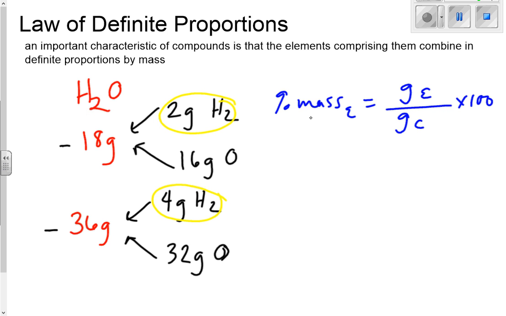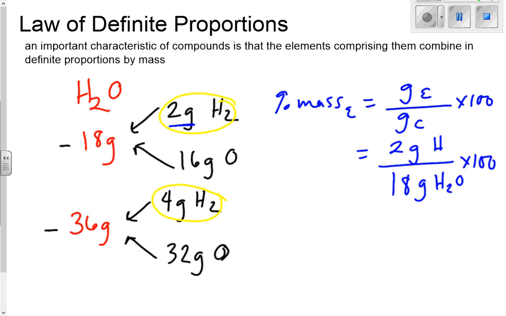So if I want to know the percent mass of hydrogen in water, looking at my first example here, I have 2 grams of hydrogen in water, and the total number of grams in that compound is 18. That's of water. So I would divide and then multiply by 100.